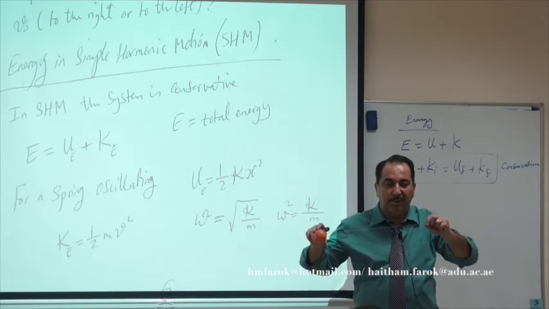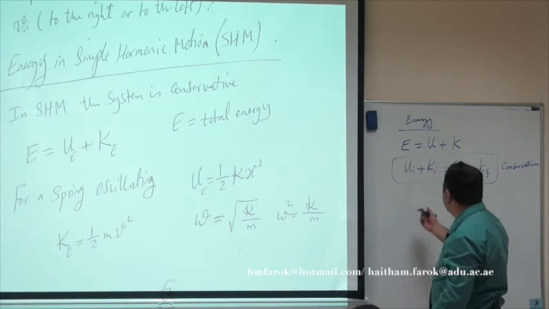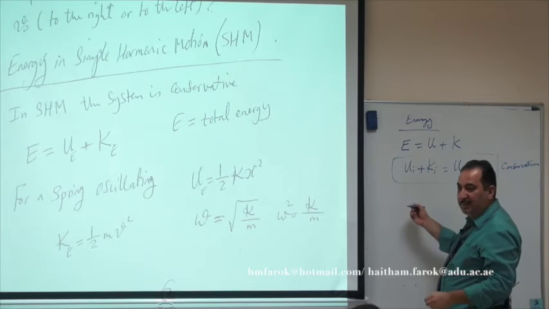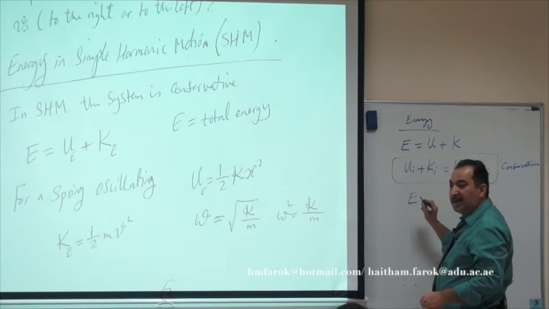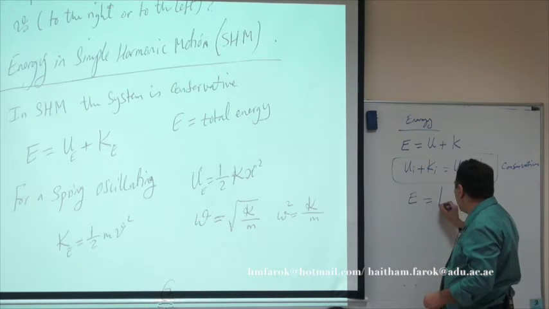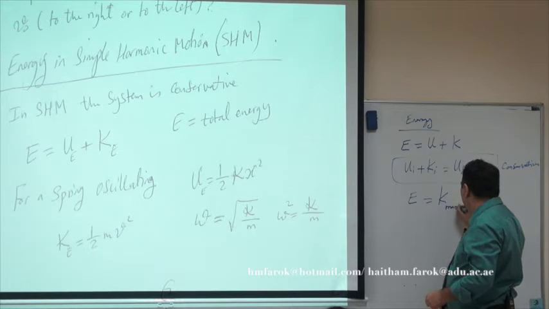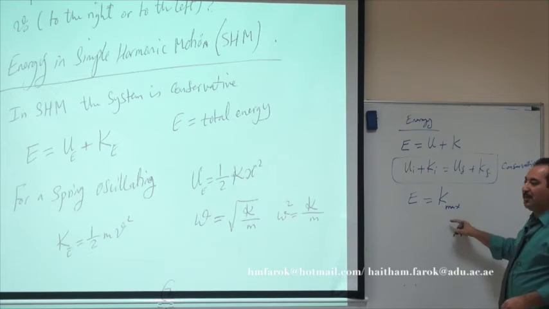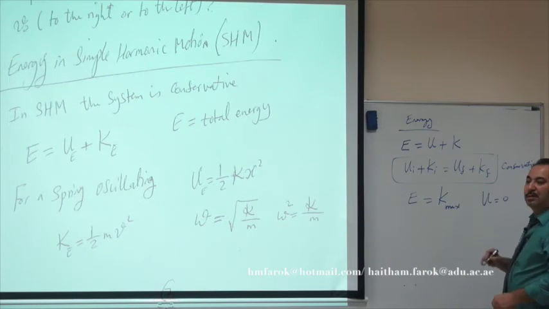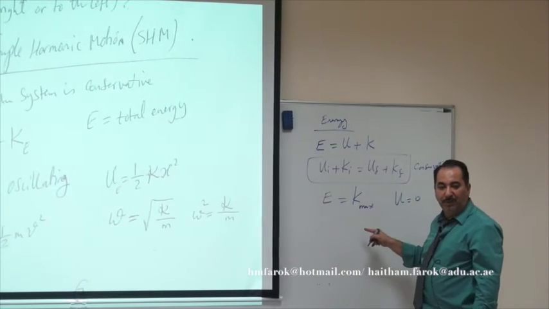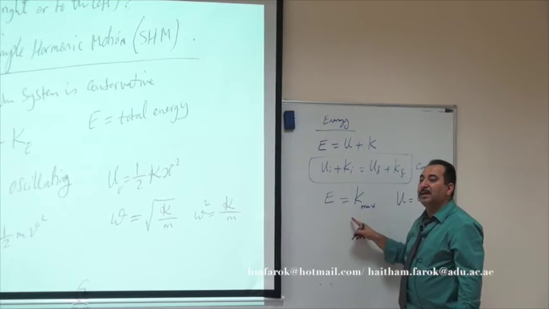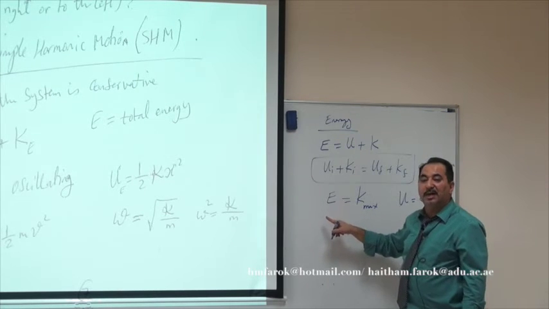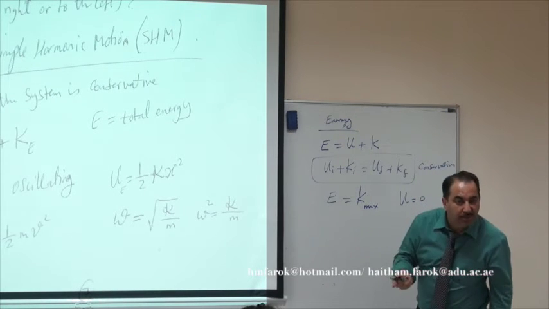And those are equal or not? So what's the conclusion here? In a conservative system, E, mechanical energy, is equal to kinetic max. Because when you have kinetic max, U must be 0. So this is one of the formulas. When you calculate maximum kinetic energy, it's equal to total energy.